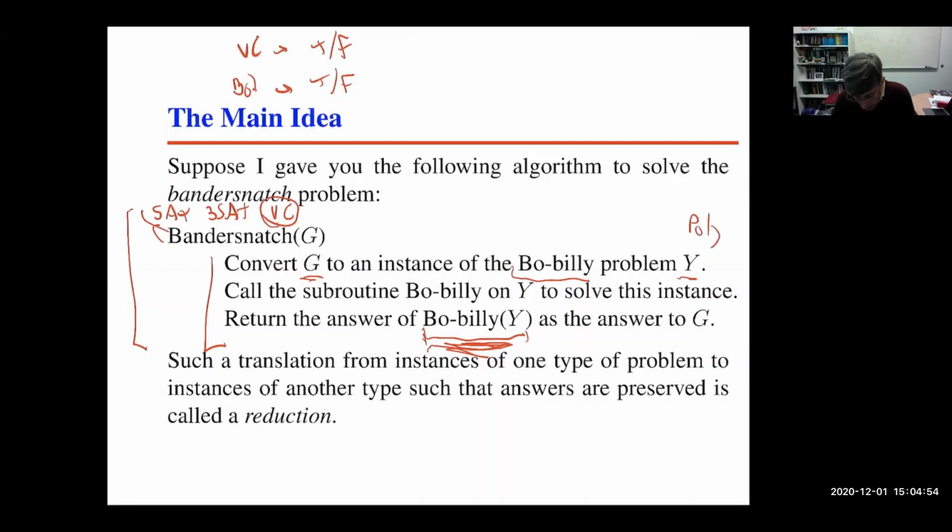Vertex cover takes exponential time, so mobility has to also run in exponential time, because any faster algorithm would give me a faster algorithm for vertex cover, which we know can't exist.